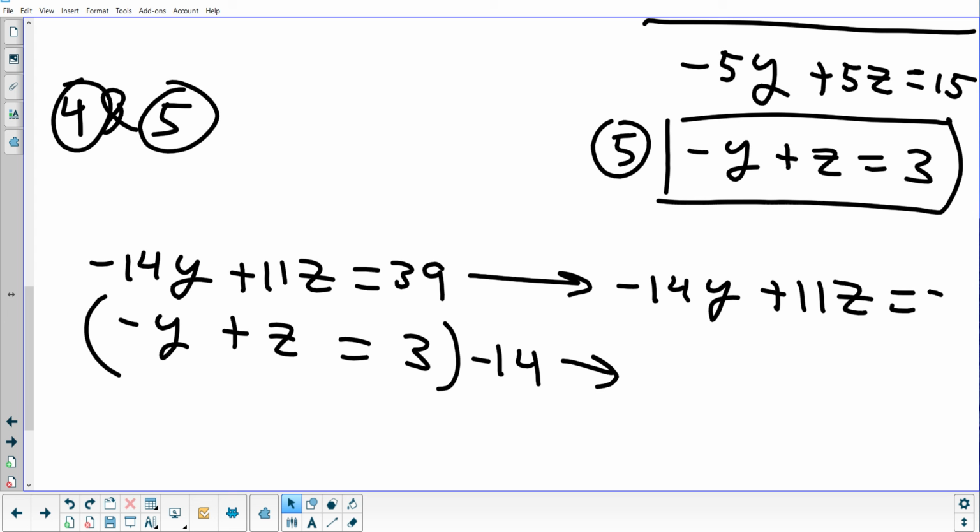equals 39. And Tyler, if you multiply the bottom by -14, what do you get? 14y, minus 14z, minus 42.